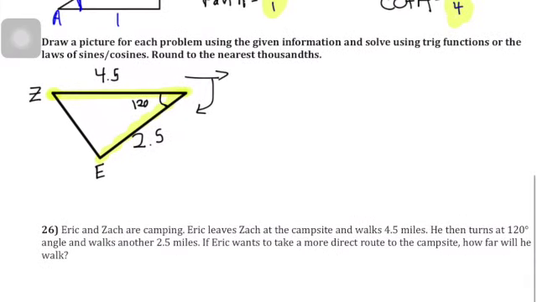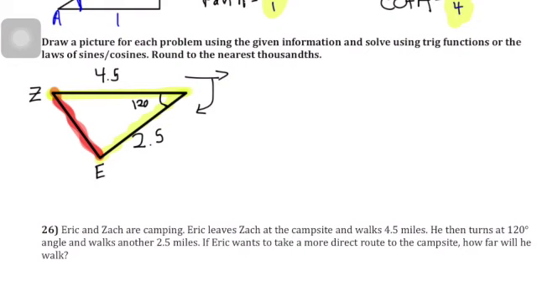So now we want to figure out how far he needs to travel to get back. We want to take a more direct route. He wants to go straight back. Okay, so look at the triangle that we've created here. Notice that this is going to be law of cosines, because we don't have an angle on its opposite side.